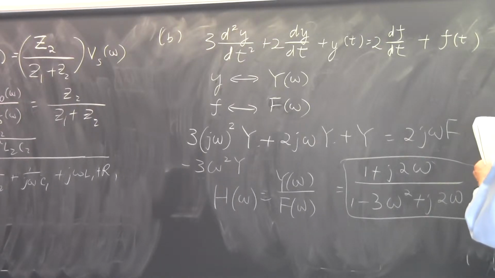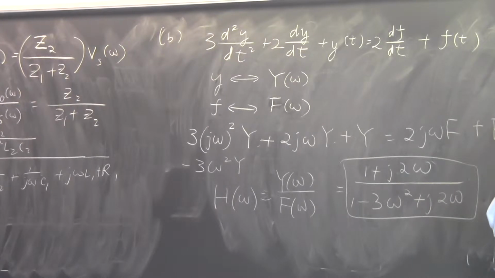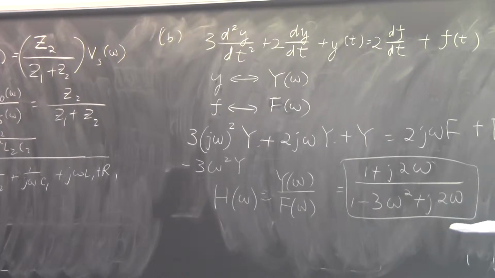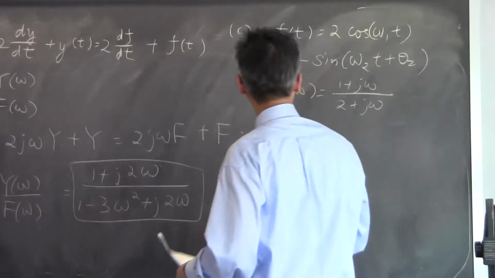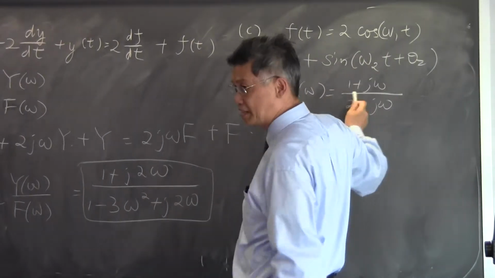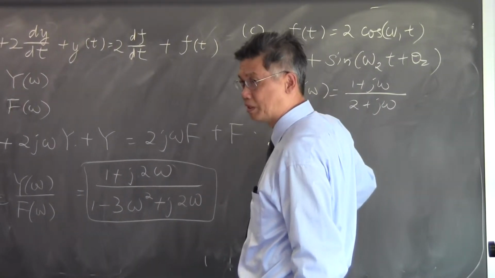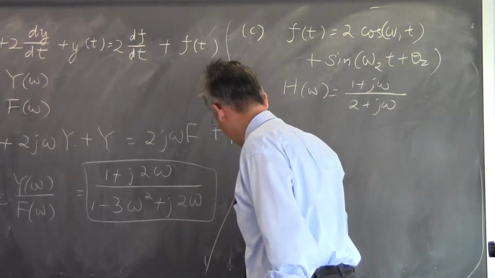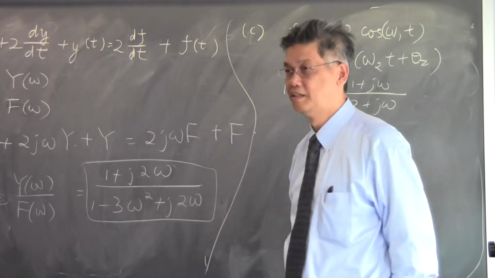Okay, that H of omega is 1 plus j omega over 2 plus j omega. Okay? So when you put that signal through this linear time invariant system, what is the response? You can go through the detail converting this into phasors and then put them through one by one, or if you're quick, you can just do that by inspection.